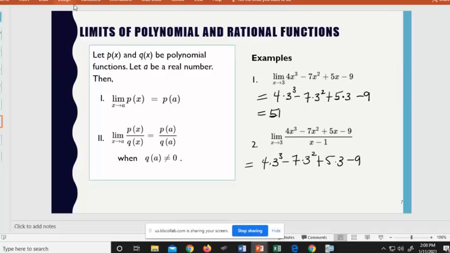We already know what that is, but I'm just evaluating the numerator at 3. And the denominator, 3 minus 1. So altogether, we get 51 halves, 51 over 2.